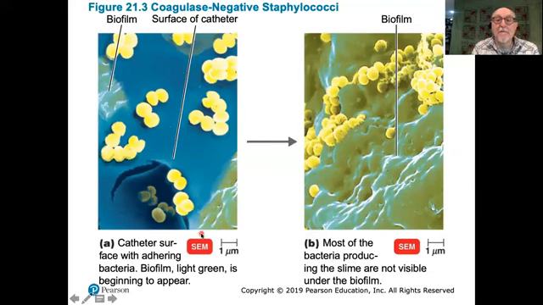They secrete many different substances and are actually quite skilled at evading the immune system. For example, they secrete toxins which kill phagocytic cells, prevent them from combating the bacterium. Now, there's a major problem with Staphylococcus aureus, and that is that many of the strains of Staphylococcus aureus have developed very powerful resistance to antibiotics.